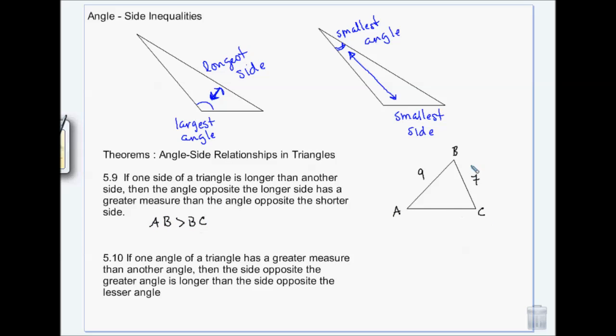Because 9 is greater than 7. Well, if I look at the angles across from these two numbers, that lets me know that angle C is going to be greater than angle A, because angle C is across from the side that's larger, so it's going to be larger than the other angle that's across from the side that's shorter.